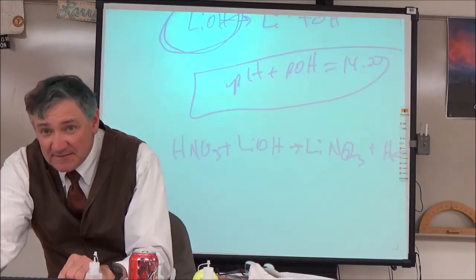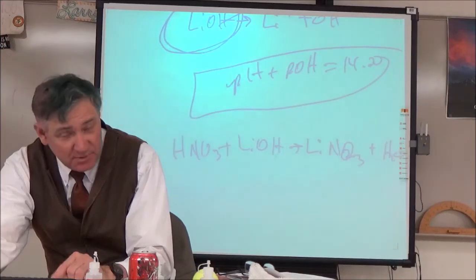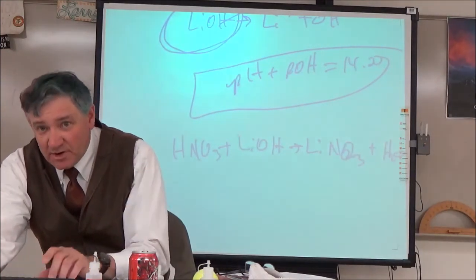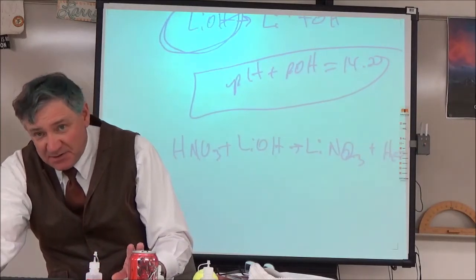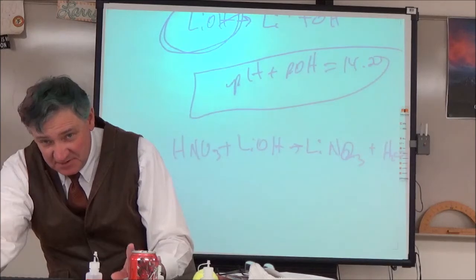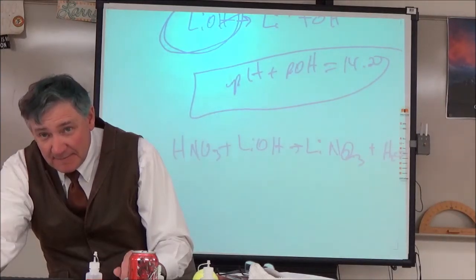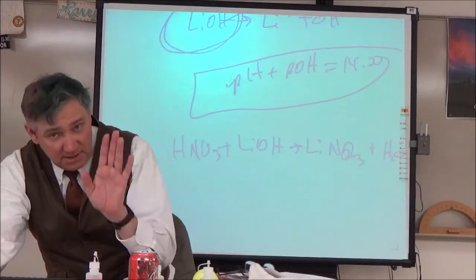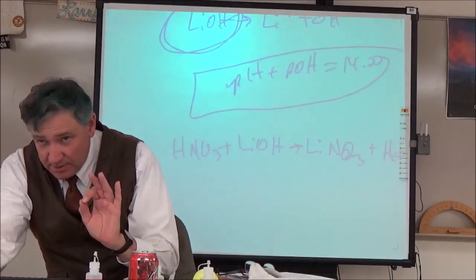On the reducing and oxidizing agents, you put the whole compound. So one of your answers should be hydrochloric acid, as the reducing agent or the oxidizing agent. But for what is oxidized and reduced, you only put the individual element or the ion.